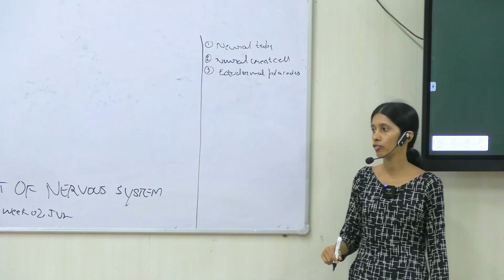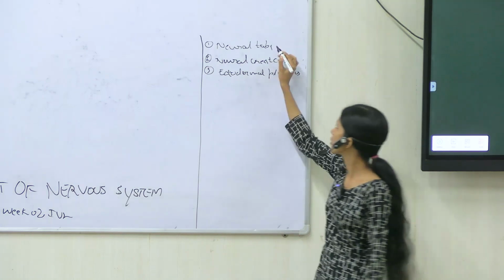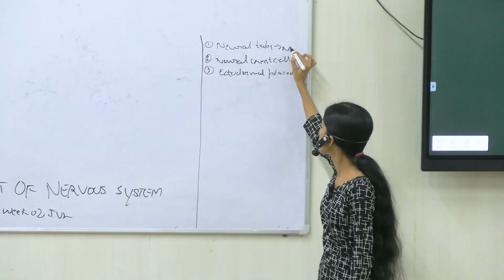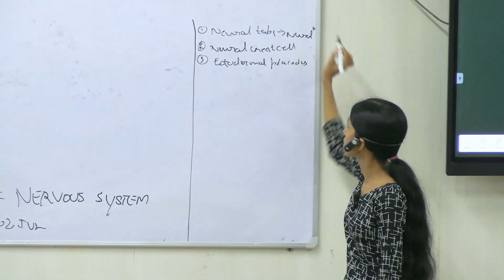The formation of neural tube is called neurulation. The process is called as neurulation.